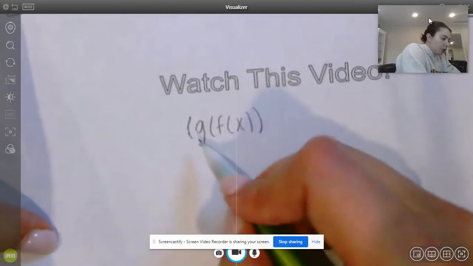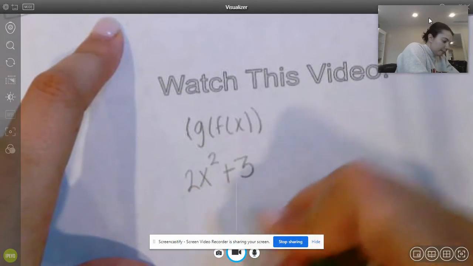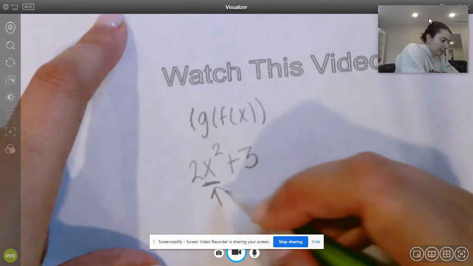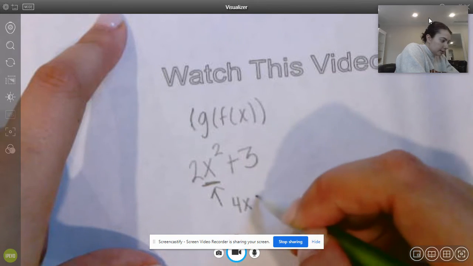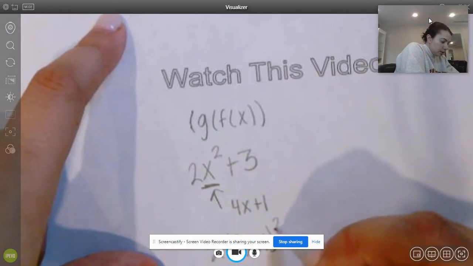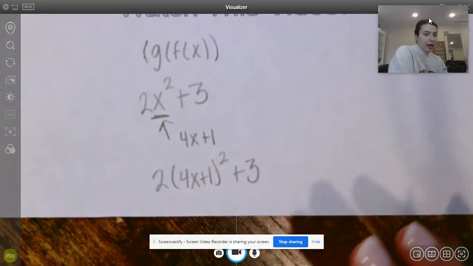For example, if g of x is 2x squared plus 3, wherever you see this x value, you plug in 4x plus 1. So eventually this turns into 2 times 4x plus 1 squared plus 3. And then you'd have to evaluate.